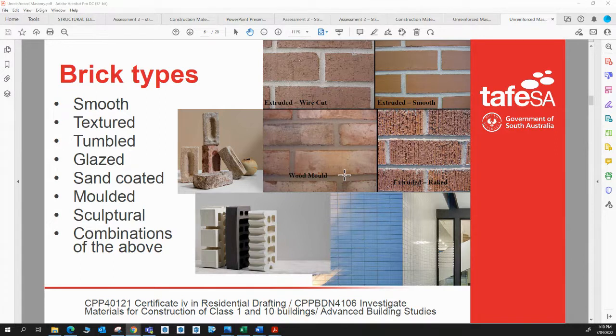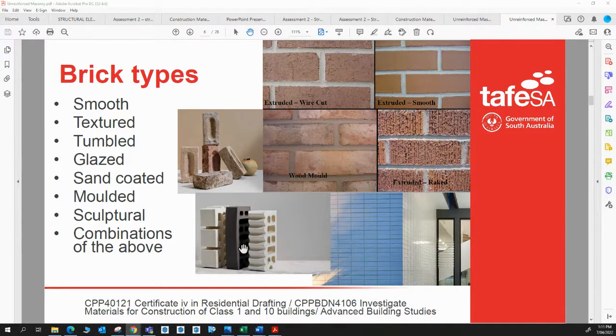bespoke artisan rustic appearance, and also sand coated bricks. We've got these bricks here. These ones, I think, are manufactured in Belgium, brought over, probably pretty pricey as well. They're a bit of a wood moulded but slightly tumbled brick with a sand coating as well to really give it that rustic look. So yeah, good for feature elements.